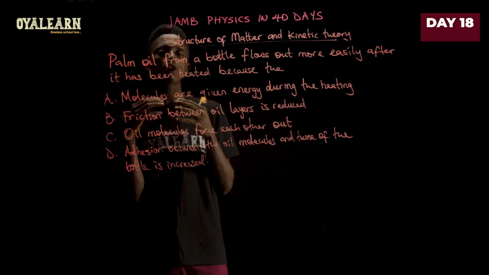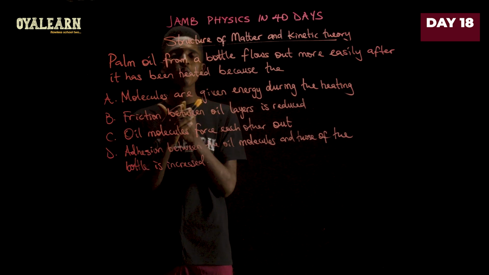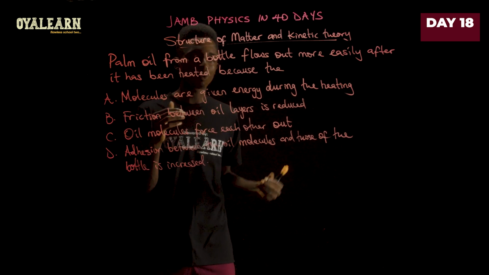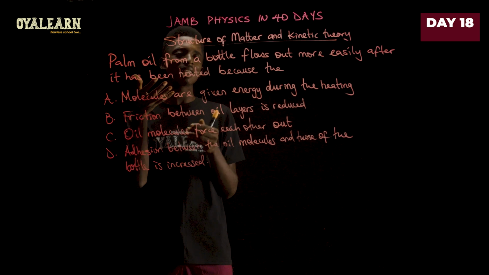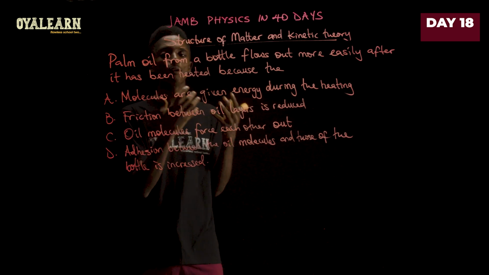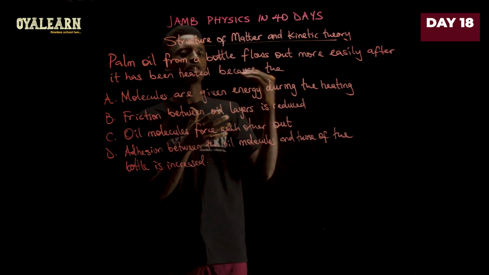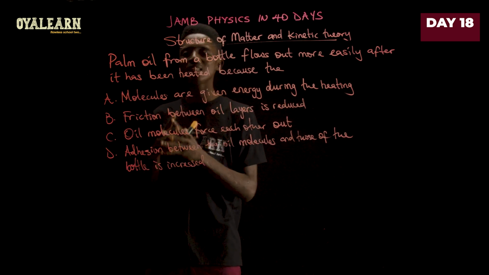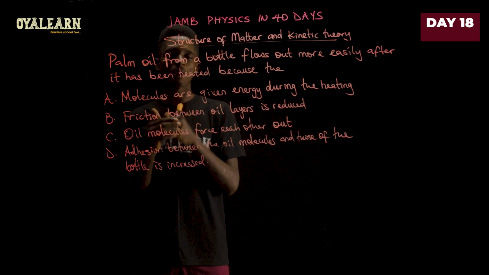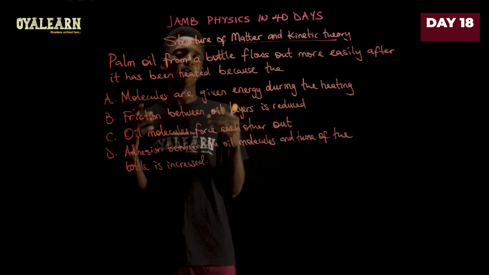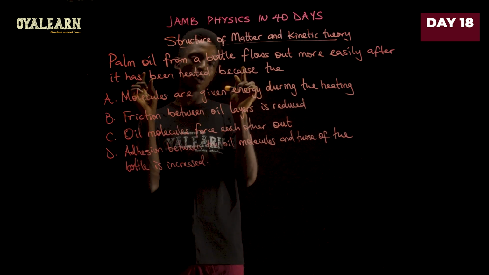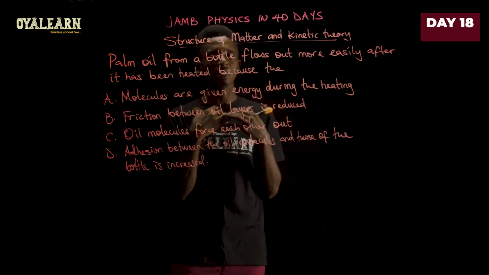And in order to reduce this viscosity, one way we reduce viscosity is to apply heat. So in this case, you see that they've applied heat, which is why it is flowing out more easily. So they have reduced viscosity. And viscosity is just friction between the layers of a fluid. So that is basically what this question is asking of us.